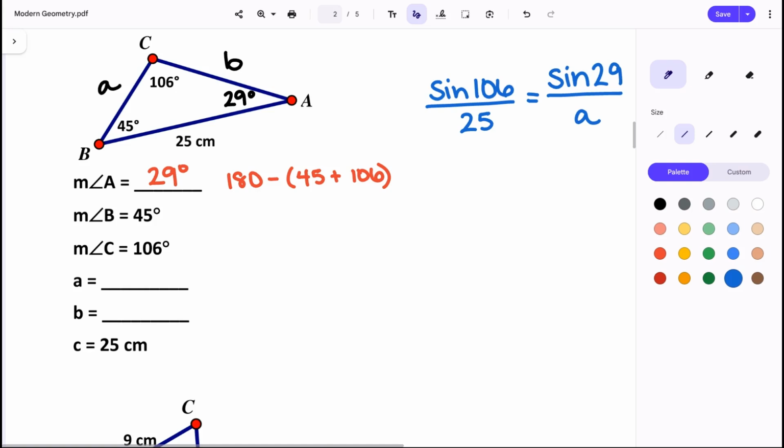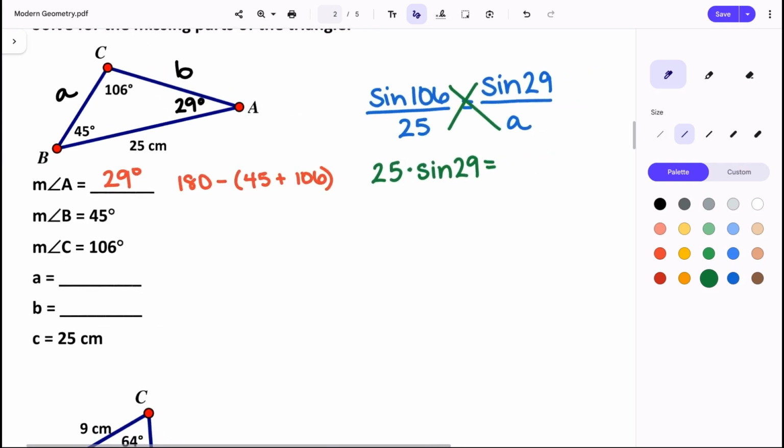Now really what you just set up there is a proportion. So in the past when we solved proportions, what did we do? We cross multiply. Okay, so on my calculator, or how I would write that out, is 25 times the sine of 29 is equal to a times the sine of 106.